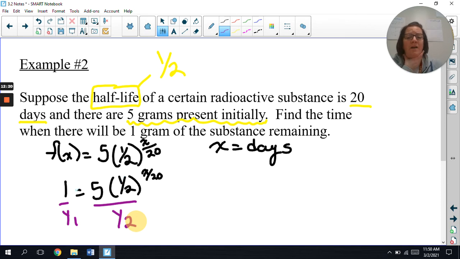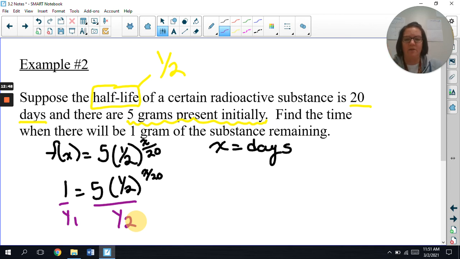Your y max doesn't have to be very big, but for x, remember a half-life occurs every 20 days. If we have 60, that would be 3 half-lives; if we have 100, that would be 5 half-lives. Since our x is in days, we probably want our x max to be like 50 at the minimum.